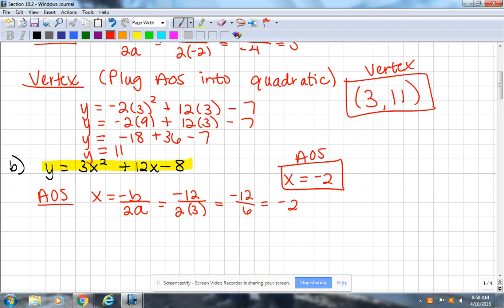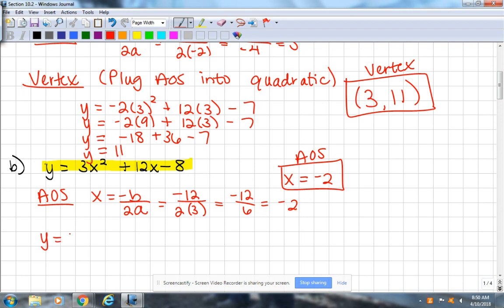Well, now we want to know the actual point on the parabola that's the center. So how do we get the y value to make an ordered pair? Plug the negative 2 in where? In the quadratic for all of what values? The x values. Good.